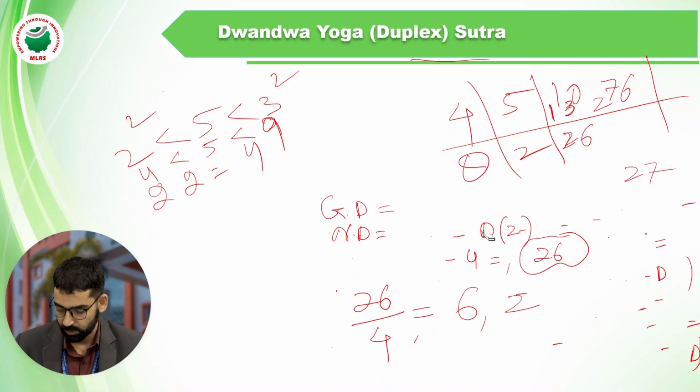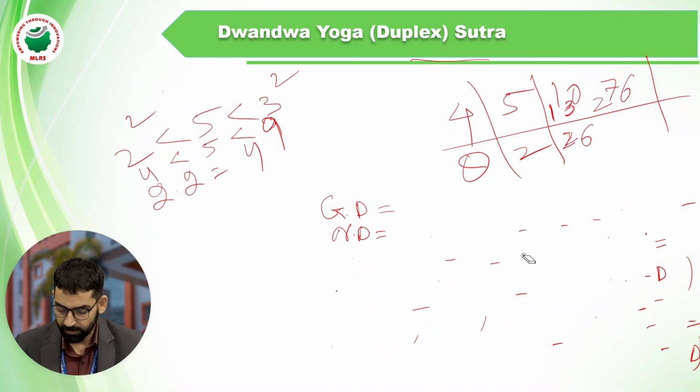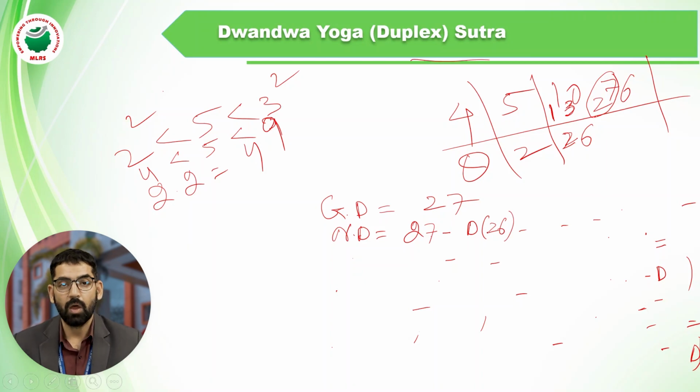This is a different thing, so I will explain it again. Now in this case, what is the gross dividend? Gross dividend is 27. So how can we calculate the value of the net dividend? Net dividend is the gross dividend, which is 27, minus the duplex of 26. Till now we had only a single digit number, but this time we are facing a 2-digit number.